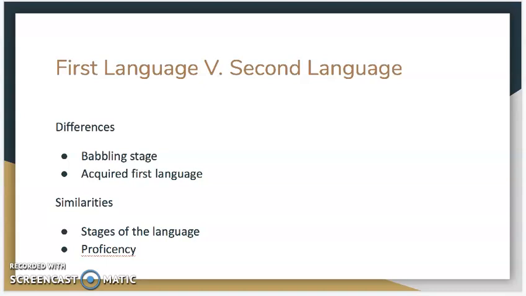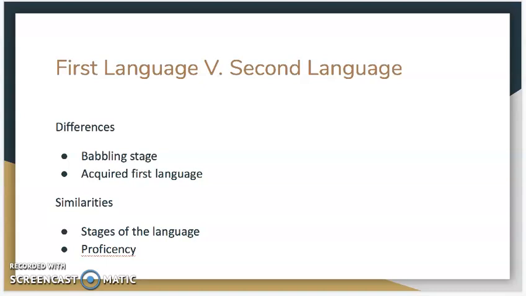Another difference of first and second language is that you acquire your first language. You don't have a say on what language you get to learn. You begin learning it at home, and it is what comes naturally to you once you begin hearing it at home. Both first and second language learning have set stages.